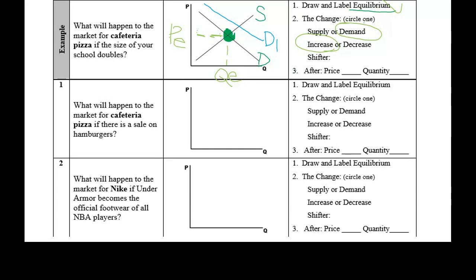Then you've got to put in the new equilibrium. Okay, so you got to put in your new price equilibrium and your new quantity equilibrium. Label both of those PE1 and QE1.